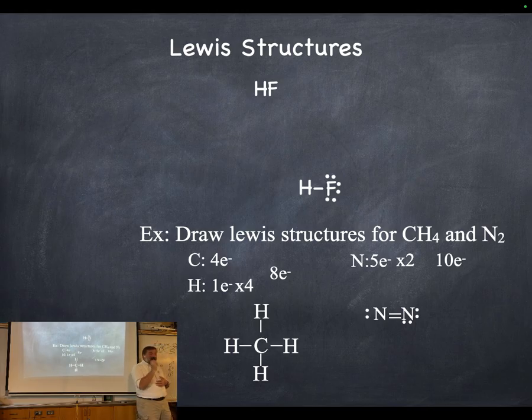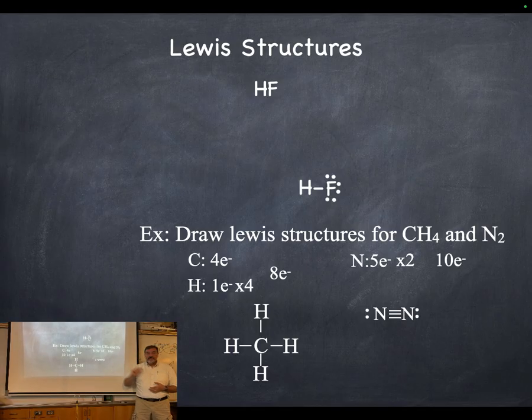Each line represents 2 electrons. The nitrogen on the left, 2, 4, 6. It's getting closer. Everybody's got to get to 8. I'm not there yet. So I can take another pair off of this nitrogen and turn it into a third bond. Triple bonds are the max. Why? I will explain later. It has to do with orbitals and how they can overlap.